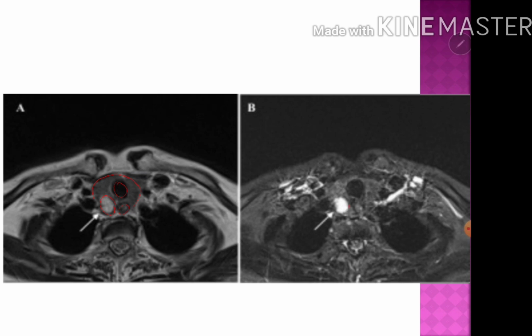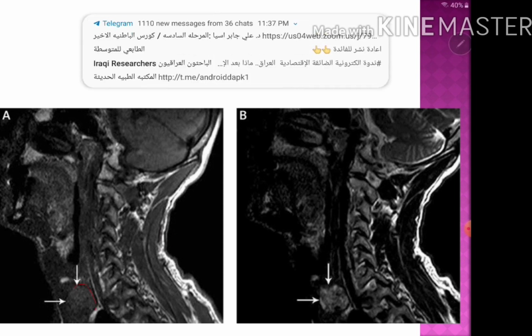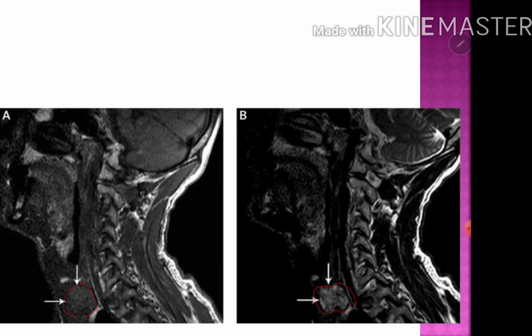By giving contrast media, if it takes up contrast, it may be a malignant nodule. This is an example of MRI, which can be seen in this picture. This is the thyroid nodule, and in this picture also.